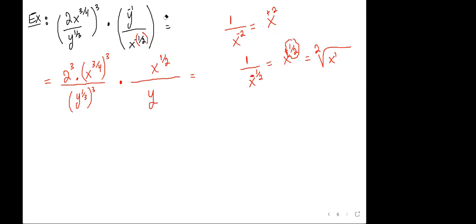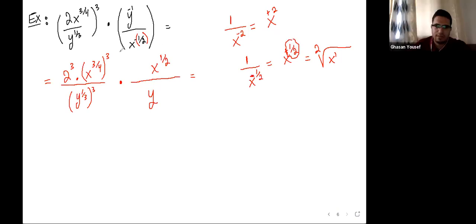Okay. Now, let me simplify this. So I'm going to make one fraction for everything. So 2 to the power 3 is 8, times x to the power 3/4 to the power 3. We have to multiply the powers. 3/4 times 3 is 9/4.